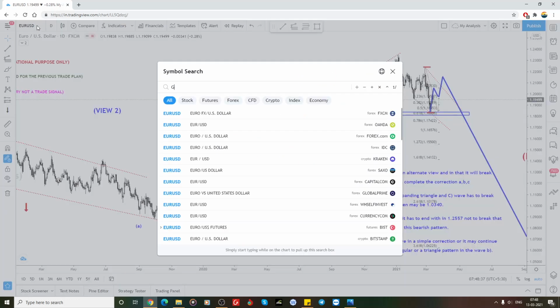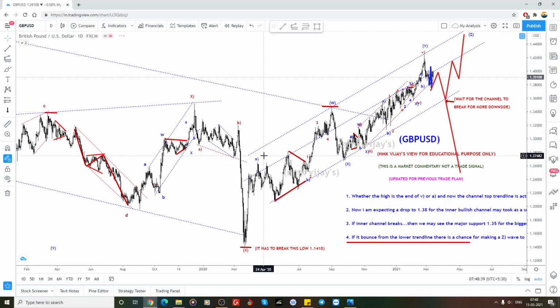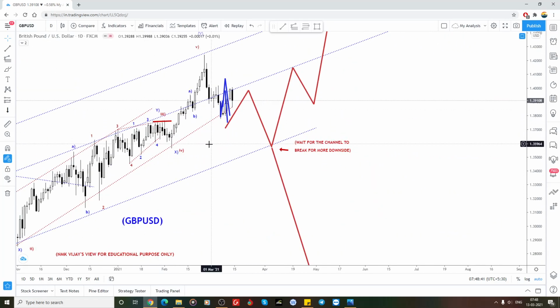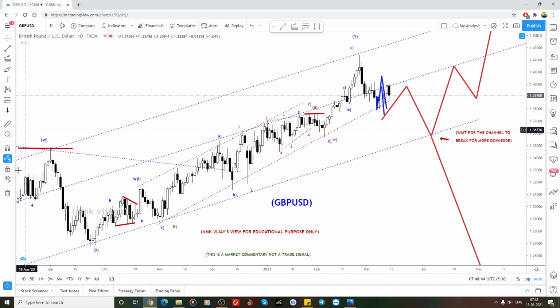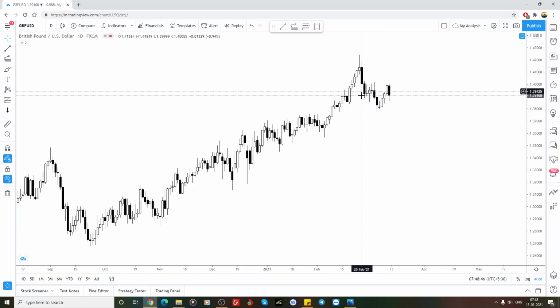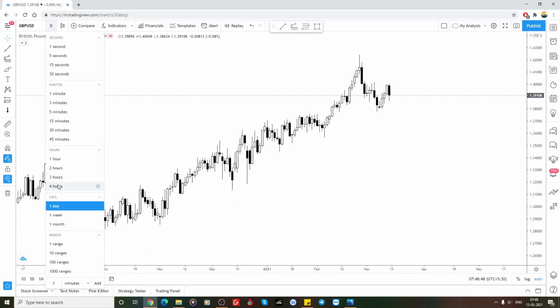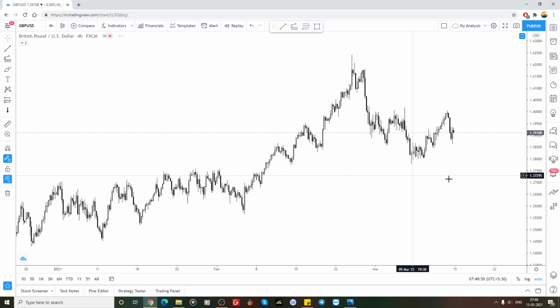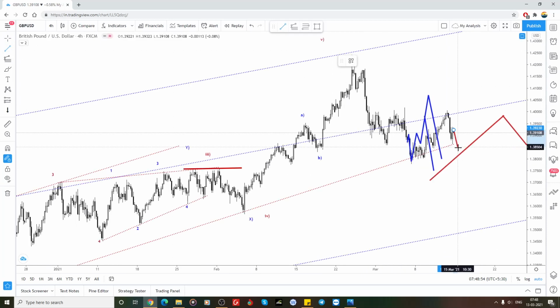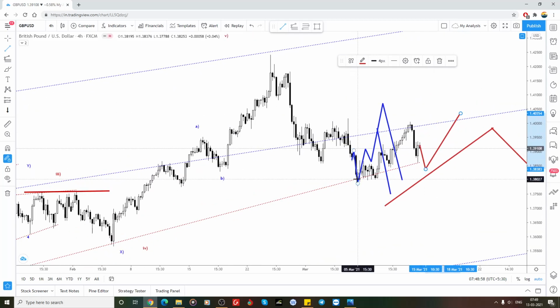So next, GBP USD. Here also I'm expecting an ABC thing in the 4 hour. Now I'm expecting it could drop again, and again it may retest. From here I expected that it has to break this, and again I need this kind of correction, but it has not yet broken.